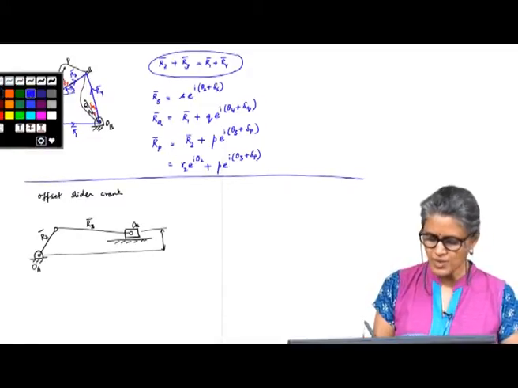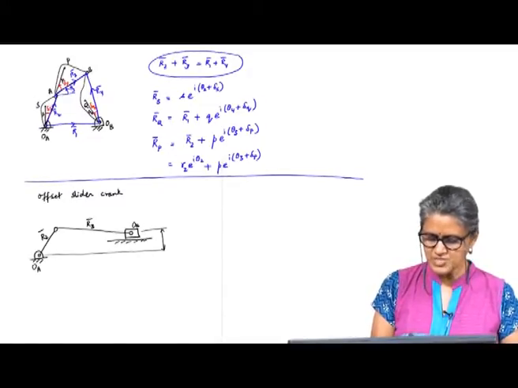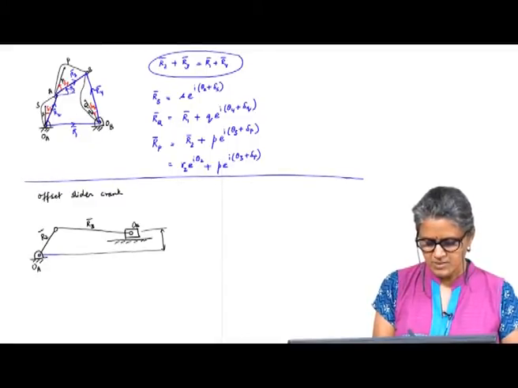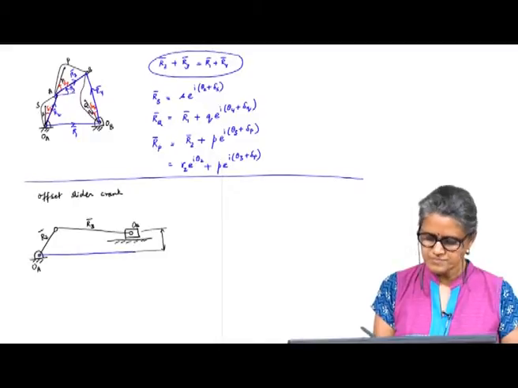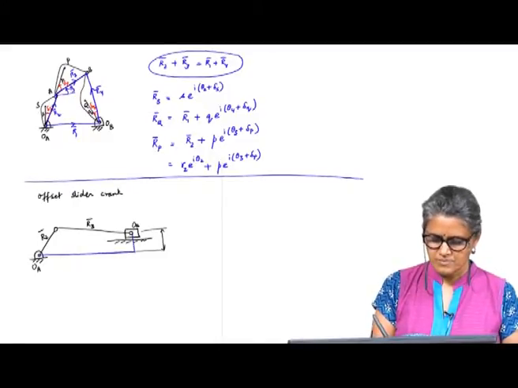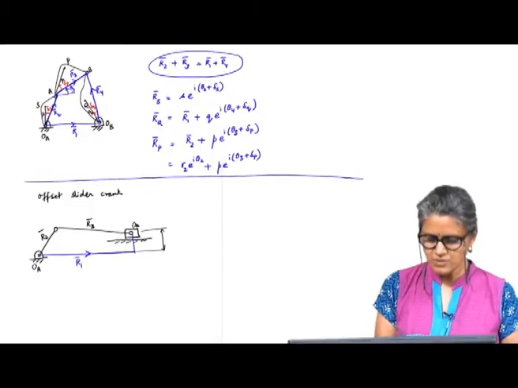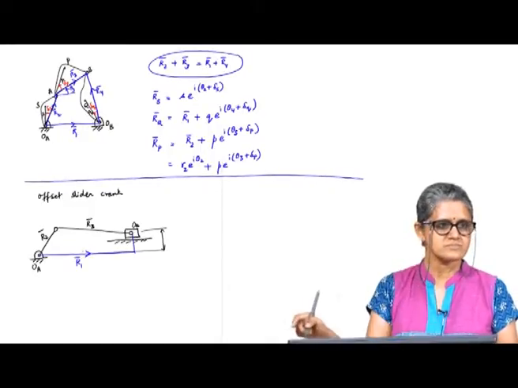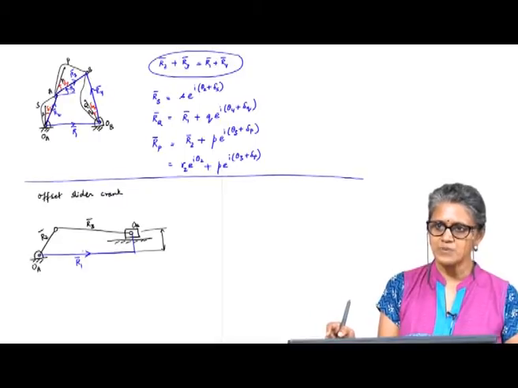So, what I will do is I will choose. I know that the slider block motion only happens along the direction R1.